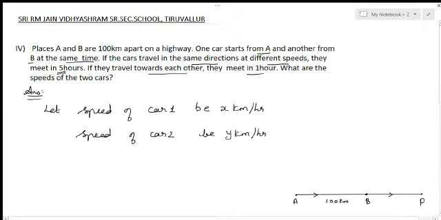They travel in the same direction and they meet after 5 hours at this point P. So you know that distance is equal to speed into time. So here, if we take car 1, the distance travelled by car 1.